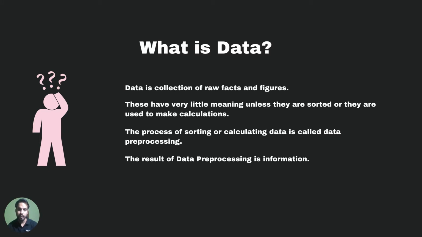Data is anything that is present digitally, even your bills, images, and text. We need to sort them or make some calculation to gather information out of that data. The process of sorting or calculating data is called data pre-processing. The result of data pre-processing is information.